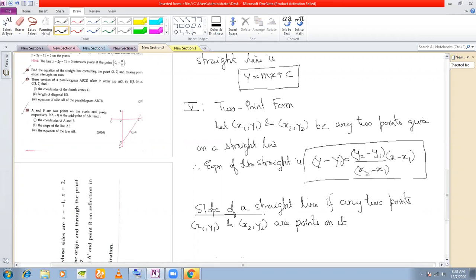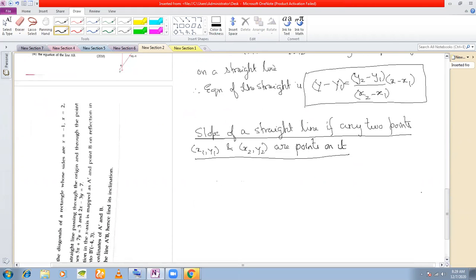Okay. So if x1 y1 x2 y2 be any 2 points on a given straight line, then can we find out the slope? Till now, we have defined the slope as the tan of the inclination, right? If you know the inclination, only then you can find out the slope. No, if you know 2 points on the straight line, then also you can determine the slope.